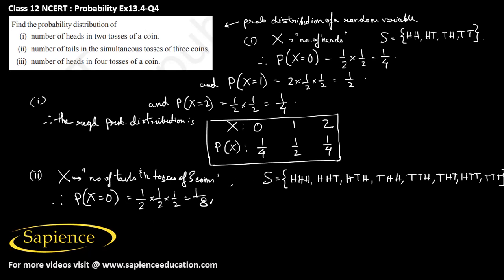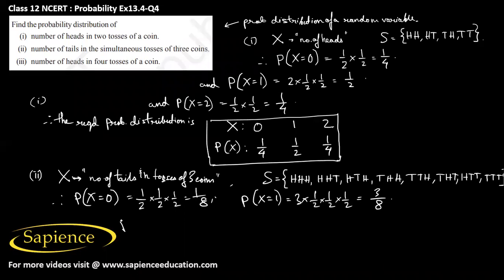So this would be equal to 1 by 8. And in the same way, P of x equal to 1 means we should get one tail. So that would be 3 into one tail and two heads, so this would be 3 by 8.